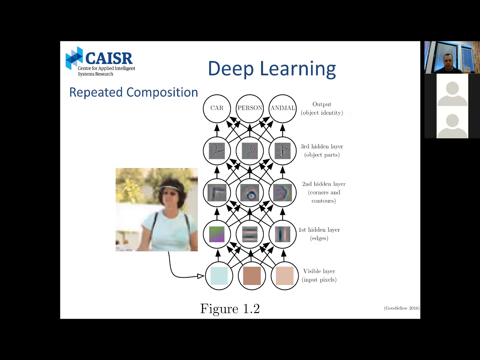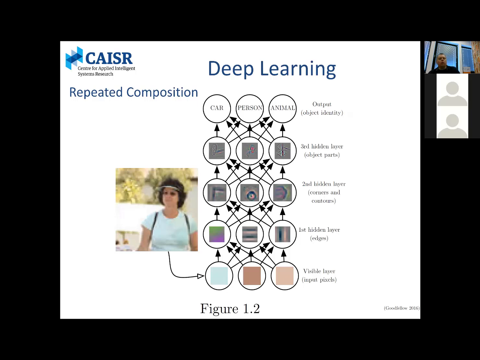Then, based on those edges, in the next layer, it will start detecting things like corners or contours of objects. In the next layer, it will start detecting parts of objects. It could detect a face, or a wheel of a car, and so on. And finally, after some number of layers, it will be able to identify, let's say, car, person, or animal.